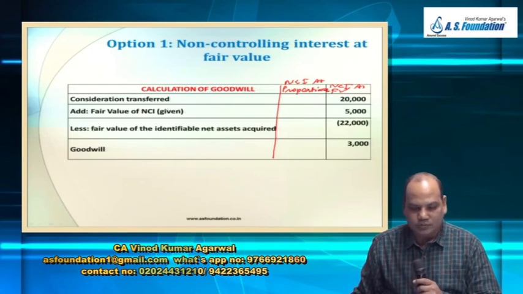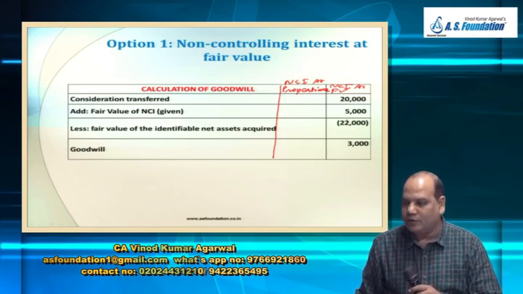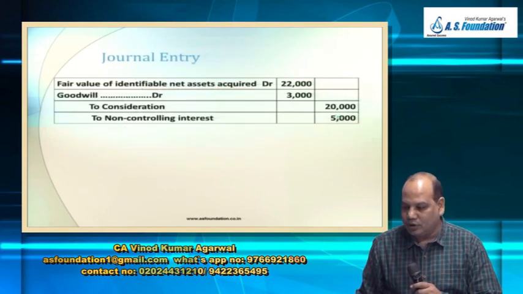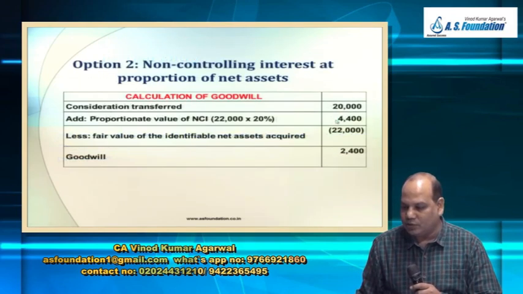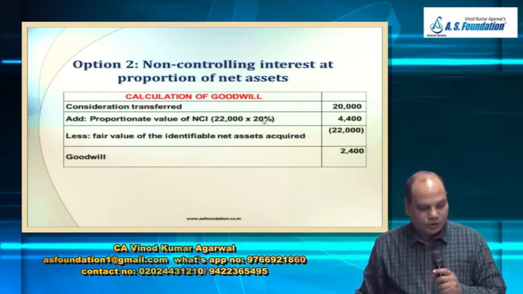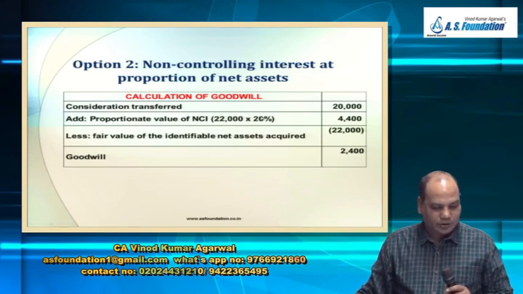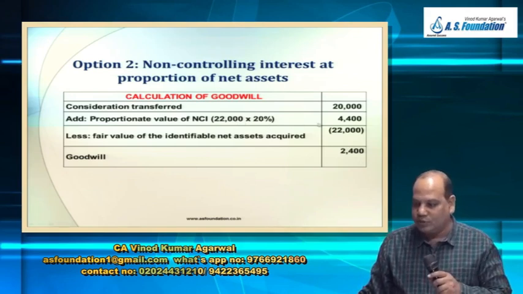First write down A, consideration transferred. Consideration transferred is how much? 20,000. Then B, write down NCI. In the fair value column write 5,000. And in the proportionate share in net asset column write 20% of 22,000. Share capital plus retained earning 22,000 into 20%, 4400.